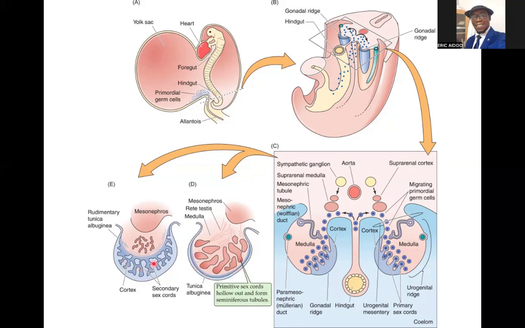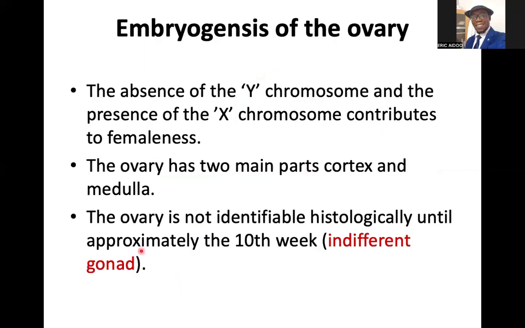In the female, you are going to have secondary sex cords. These are the remnants of the primitive sex cords, and they are degenerating. So that is what it means, that in the cortical region, you are going to have secondary sex cords developing in the female. Okay, so that's a point to note. The rudimentary tunica albuginea is also there.